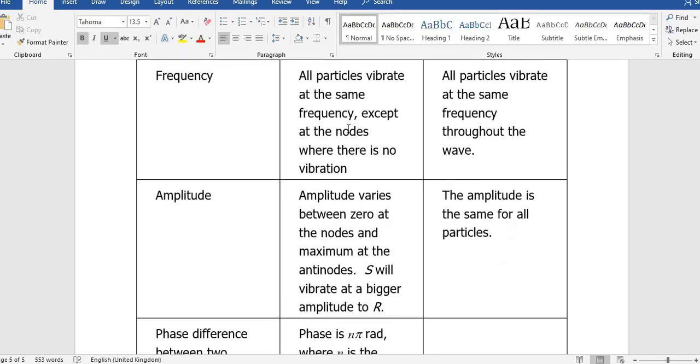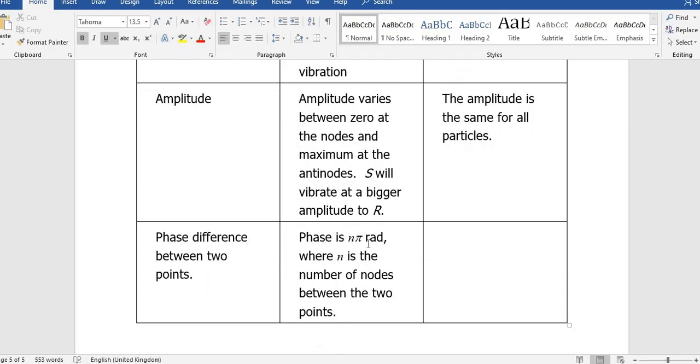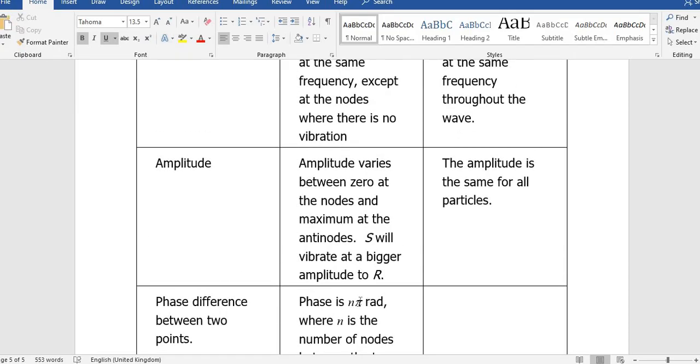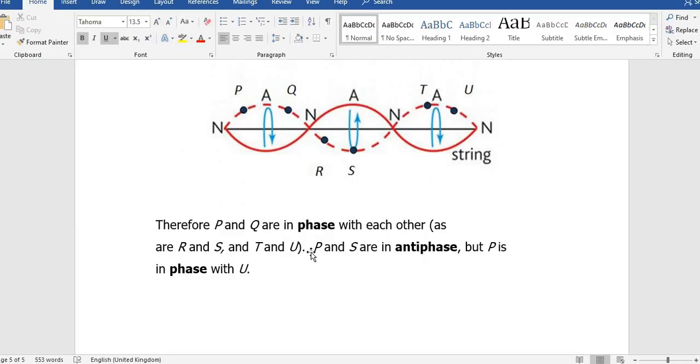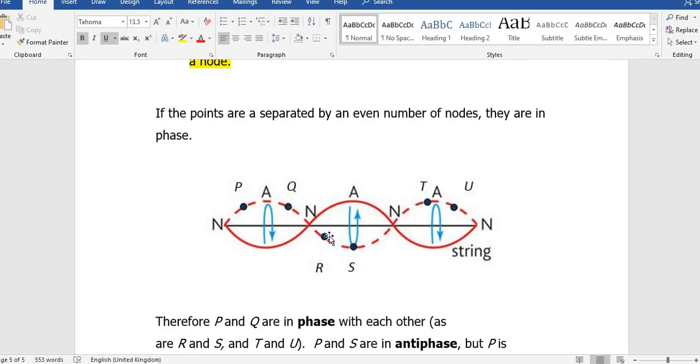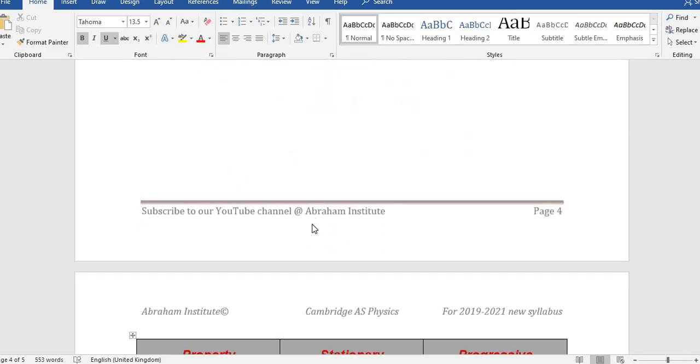Okay, so you have to go through this to understand it better. Now for stationary waves, phase difference is n pi radians, where n is the number of nodes between the 2 points. So if the number of nodes between the 2 points is 1, so between these 2 points it's 1, then they will have a phase difference of pi radians, so 180 degrees.